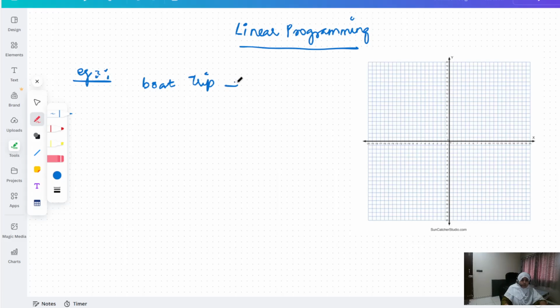For the boat trip, the cost for an adult is $20, and for children it is $10. So the first question they are asking us to solve is, there must not be more than 10 people on the trip.